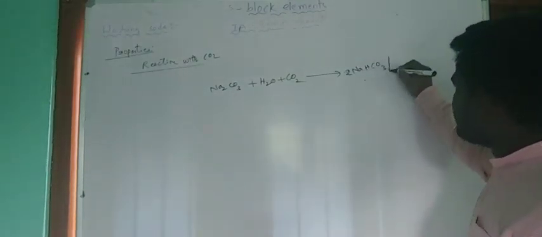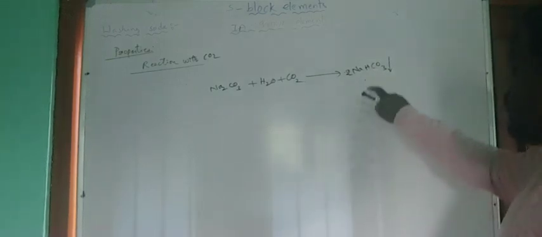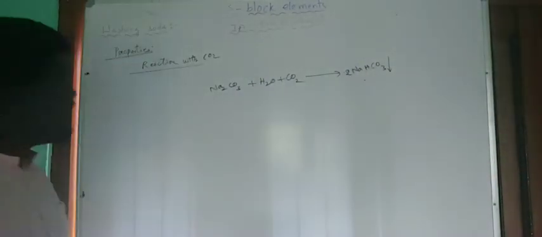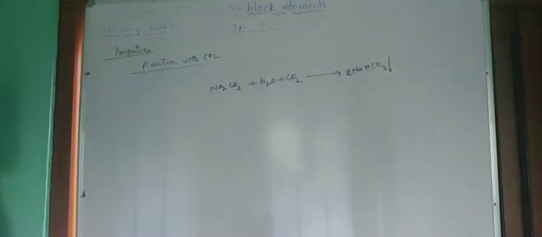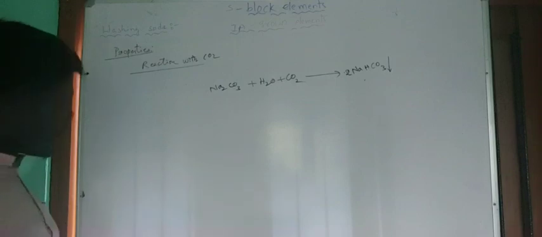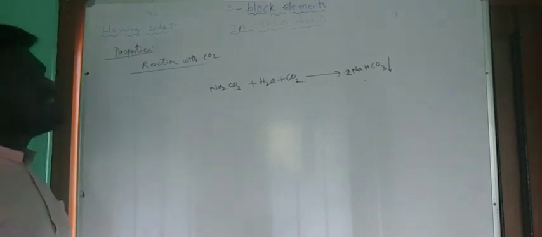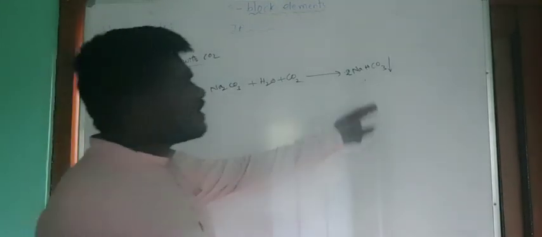So this is not much soluble in water, a sparingly soluble salt. So due to the formation of this one, Na2CO3 is precipitated when you treat with CO2, due to the formation of sodium bicarbonate. So guys, when you treat sodium carbonate with water and CO2, it is precipitated due to the formation of sodium hydrogen carbonate.